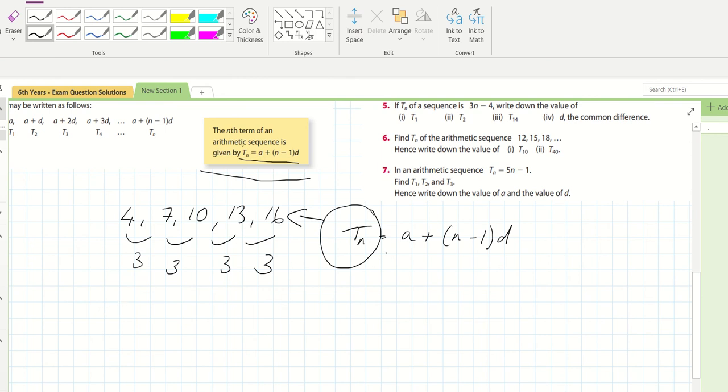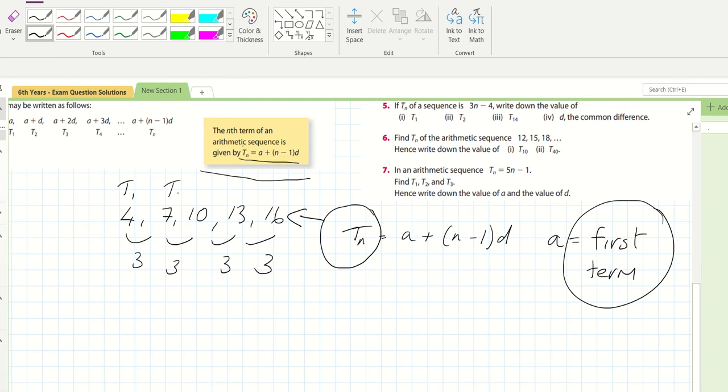So to use this formula, we need to know what A is. So A is the first term in any sequence. So this would be term 1, this would be term 2, term 3, term 4, and so on. So term 1 here is 4, term 2 is 7, term 3 is 10. So in this formula, A is the first term and D is the difference.